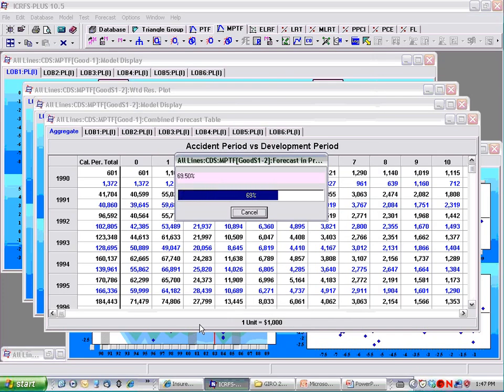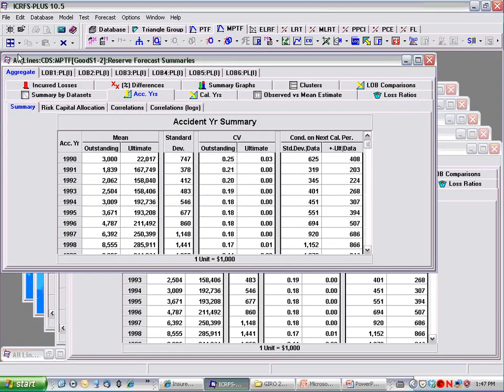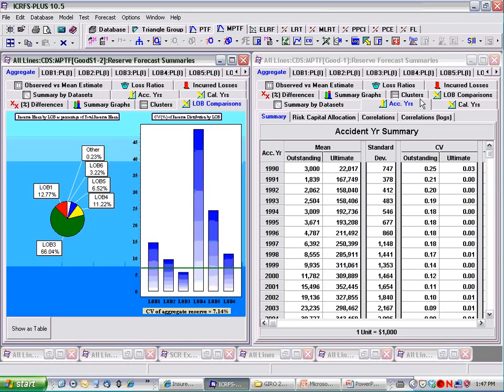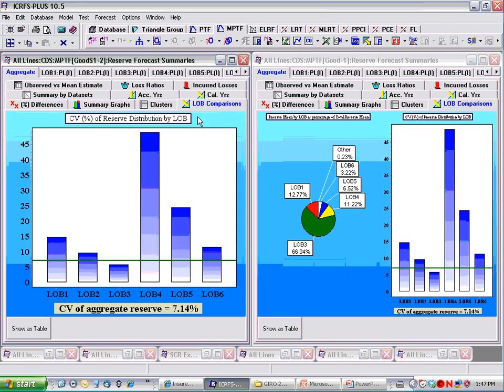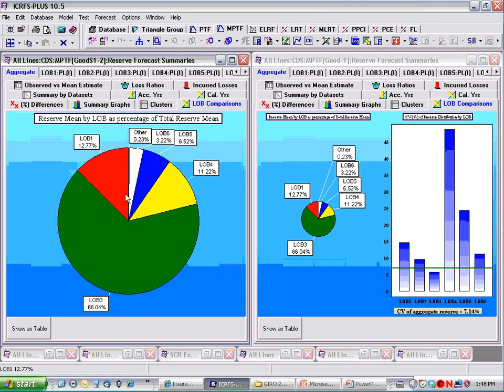Let's look at the forecast summaries, just to remind ourselves which is the most volatile and which is the largest proportion. Well, these two summaries should be identical, because we use the same forecasting scenario going forward. You might remember that LOB4 is the most volatile. LOB3 has the lowest CV, but LOB3 is the largest line of business.